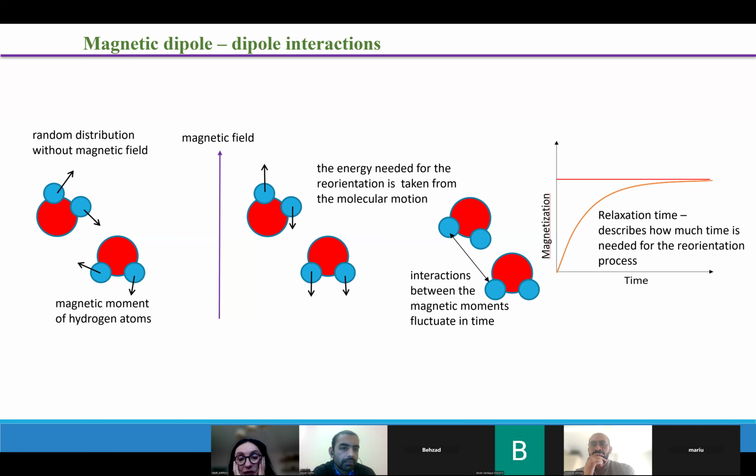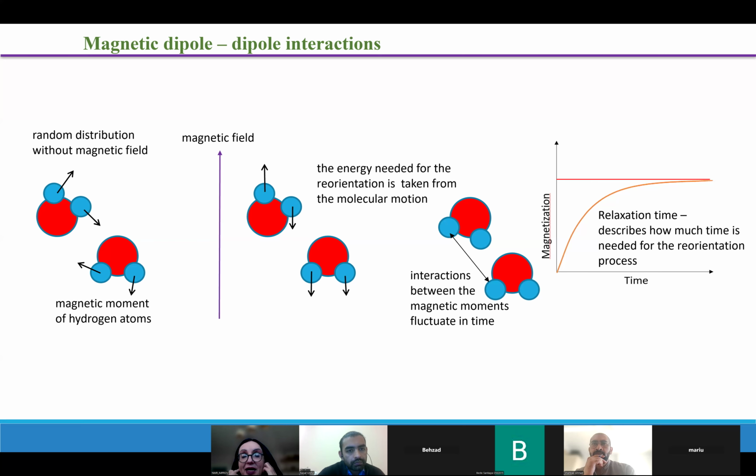Efficiency of this process depends on the amplitude of the dipole-dipole coupling, the strength of this dipole-dipole coupling, which is a kind of common sense, yeah? Because the ability to exchange energy depends on how strong the coupling is. Then it depends on the time scale of the motion, the time scale on which the dipole-dipole interactions fluctuate, saying it scientifically. So it depends on the so-called correlation time or translation diffusion coefficient.